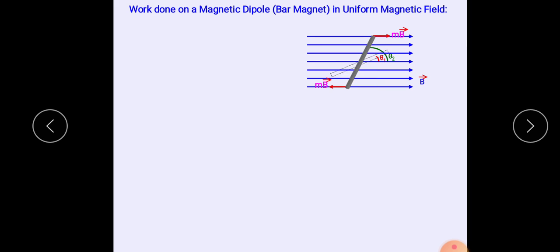If it is rotated by some angle and the new position makes an angle theta 2, then in this rotation some work has to be done. How can we find this work?